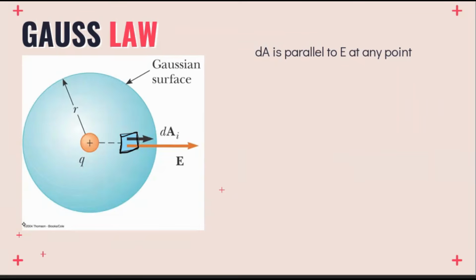It has the same direction as our electric field vector. So, dA is always parallel if we are talking about symmetrical closed surfaces according to Gauss law. Our differential of the area vector is parallel to our electric field vector at any point of our sphere.